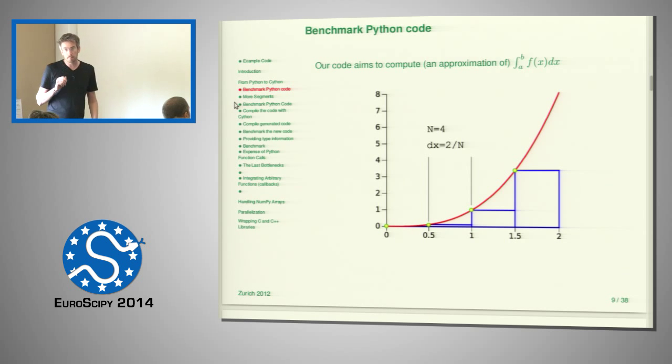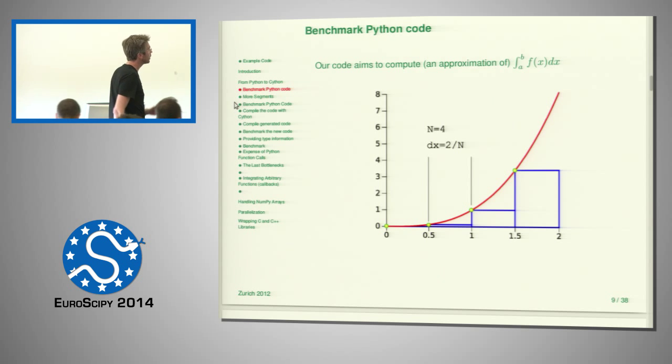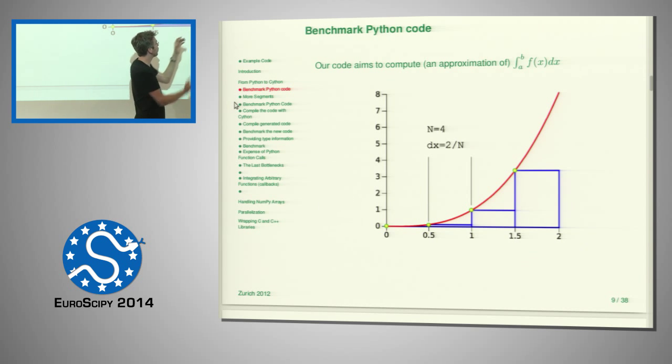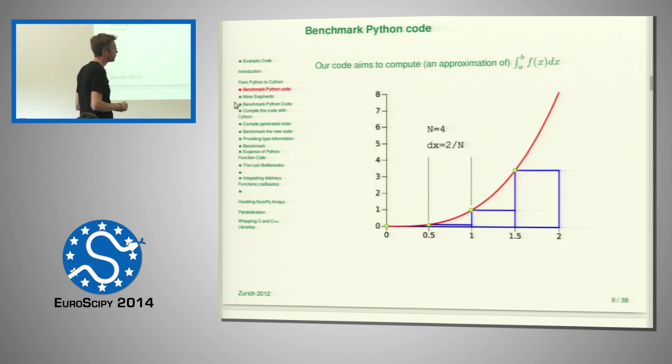The example problem I'm going to use is a simple integrator. I'm going to take a function, sample that function at different points, and approximate the integral as the area underneath these blue bars. So we simply take the function value and draw a block underneath it, and of course the more blocks we can fit in underneath the function, the more accurate our integral approximation becomes.